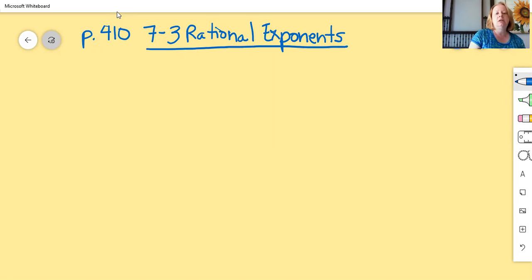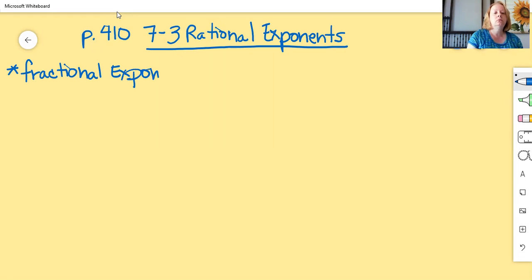So let's first discuss how are they different than regular exponents. Well, a rational exponent is a fractional exponent. Okay, so here's some examples.